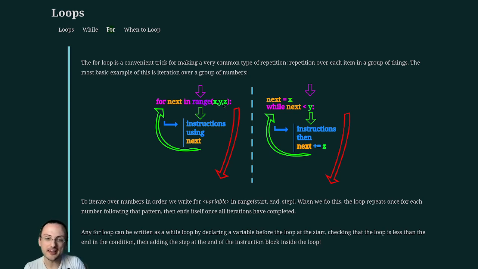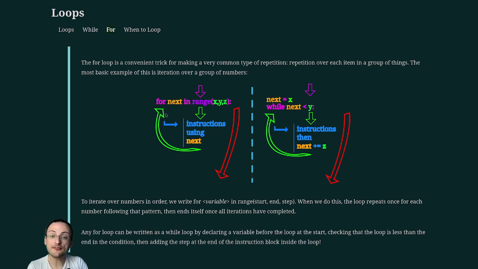And that x, y, and z, this first component, the first argument to this range function, is going to be what number do we start at? The second one, the y here, is going to represent when do we end? And the z is going to be how much do we step up by each iteration of the loop?